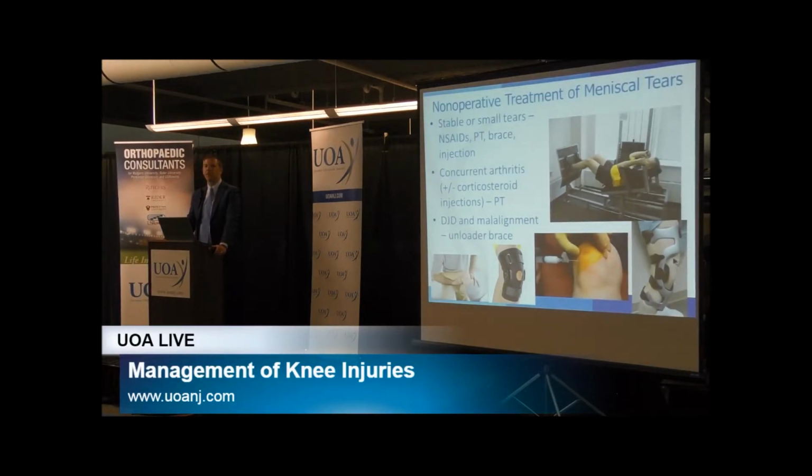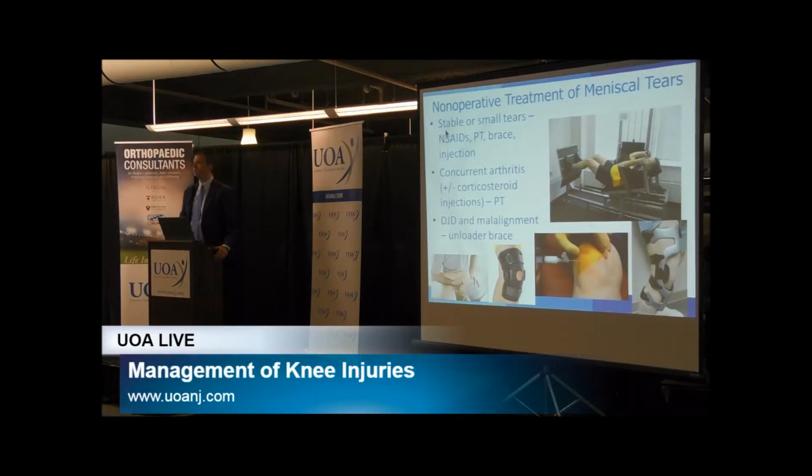When we start talking about how do we indicate these patients for treatment, how do we really best treat them, there's a broad range, and this is where I think it's important to talk about the evidence here, because there has been a pendulum swing when you look at the high-level evidence for these patients. So for me, for stable, small tears, I usually start with non-operative management.